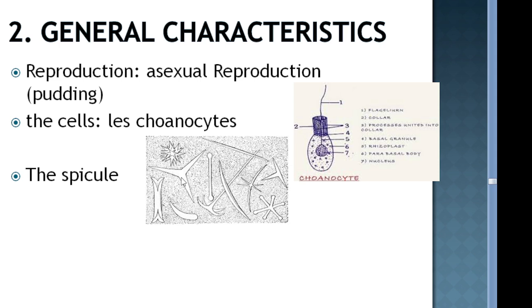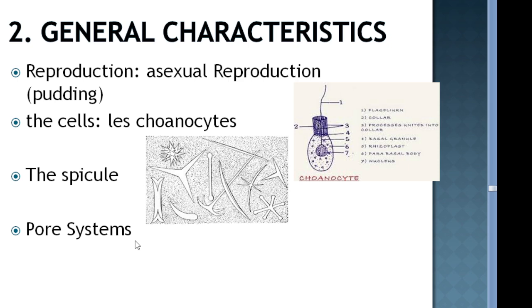You have forms like X, like Y, several forms. In each sponge we find a kind of spicule, and these spicules are produced by specific cells which are called scleroblasts.